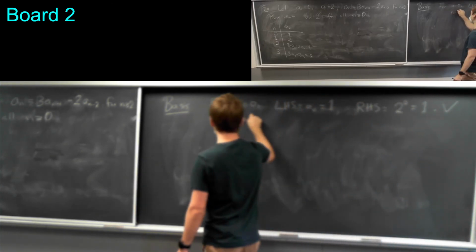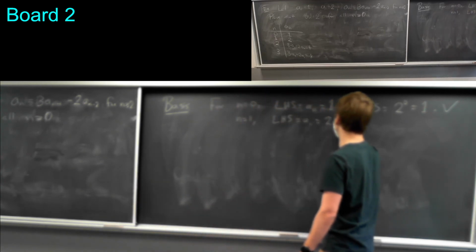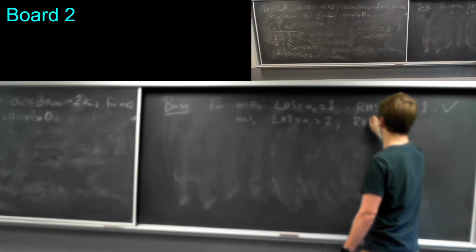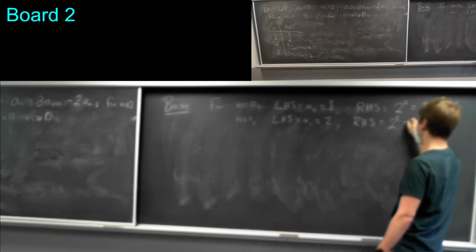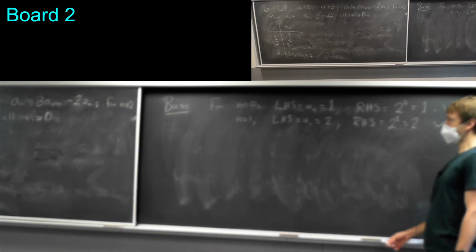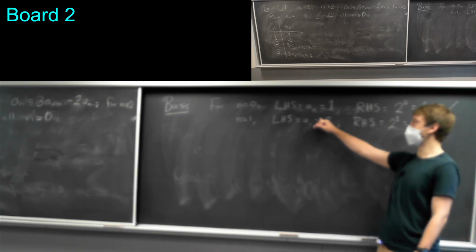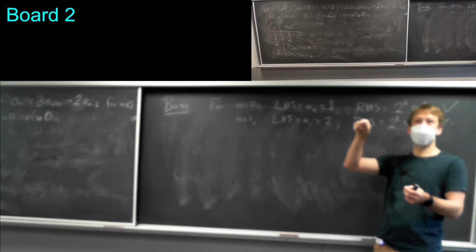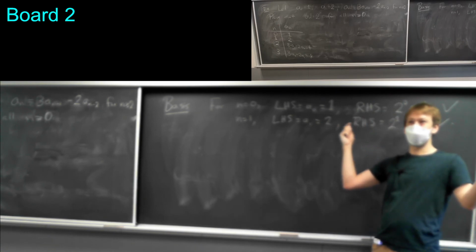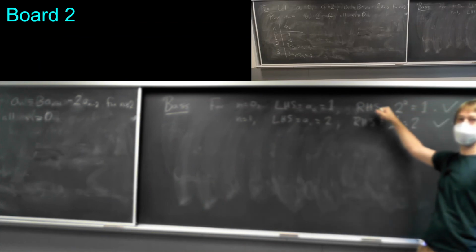For n equals 1, the left-hand side is a1, which is 2. The right-hand side is 2 to the 1, which is 2. And so that one's good, too. In terms of communicating the proof in the base cases, don't just write 1 equals 1, because what does that tell me? The point is that the left-hand side equals the right-hand side.